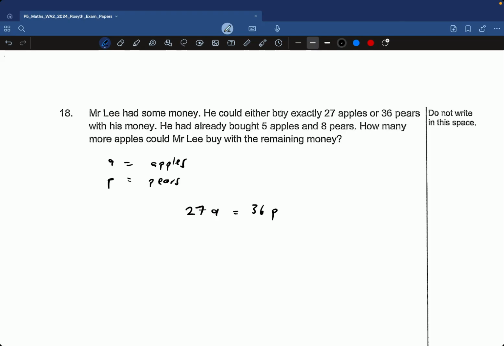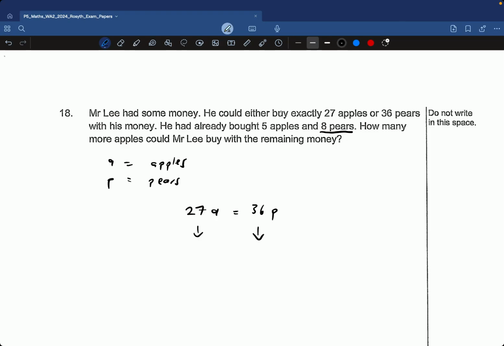So he already bought, this is in essence equal, right? So what we want to get is 8 pears. Okay. So if we can convert 36 pears to 8 pears, then we can convert 27 apples to something else. Then we can know how many more apples Mr. Lee can buy, right?